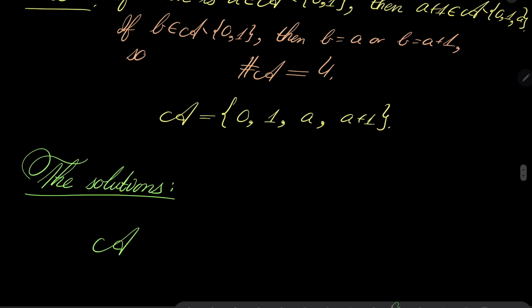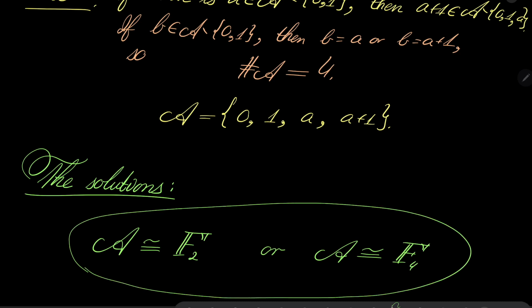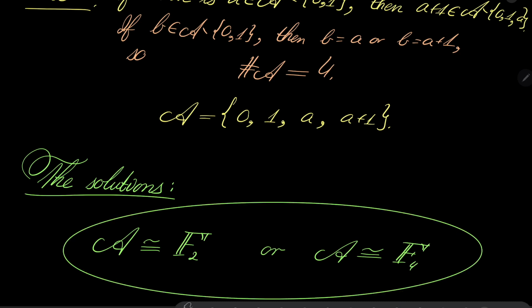Either our ring is isomorphic to F2 or our ring is isomorphic to F4, the field with 4 elements. And this closes our proof. This closes our solution, rather.